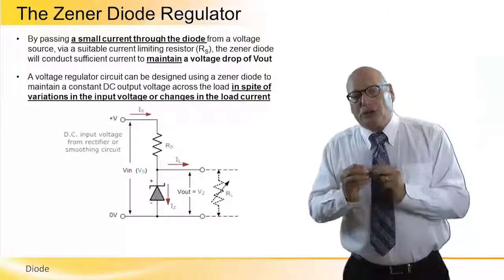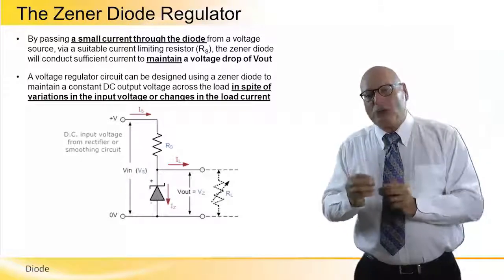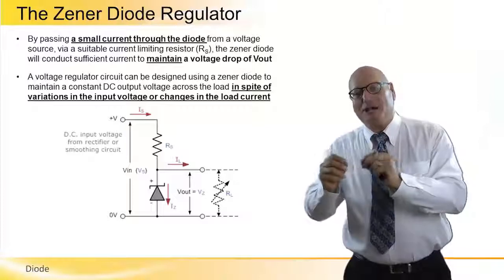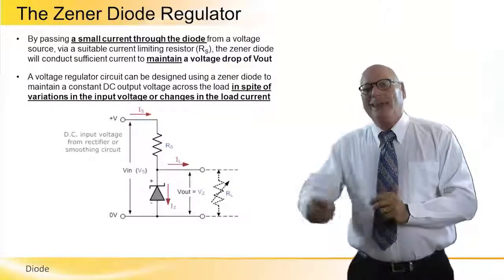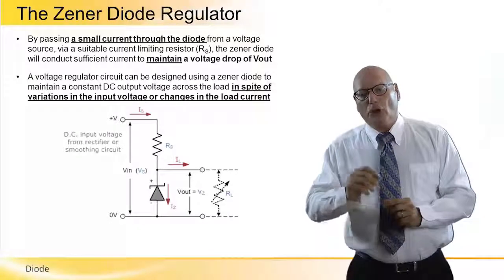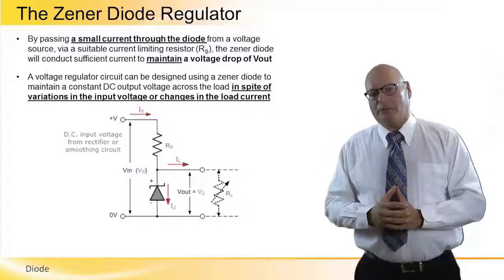A voltage regulator circuit can be designed using a Zener diode to maintain a constant DC output across the load in spite of variations in the input voltage or changes in the load current.